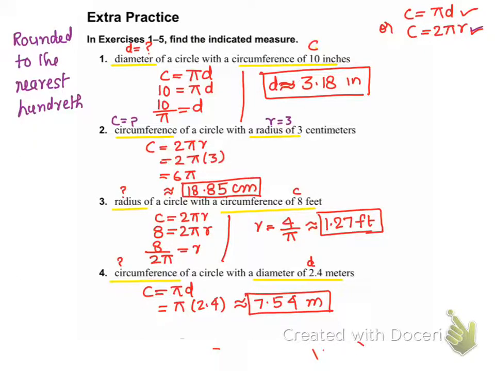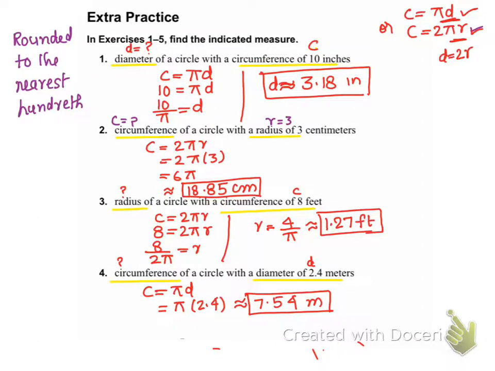That's the answer for question number 4. You can use any formula depending on whatever is convenient. If D is given, use this one. If R is given, use this one. Both are the same because D is 2R, so you can use any.